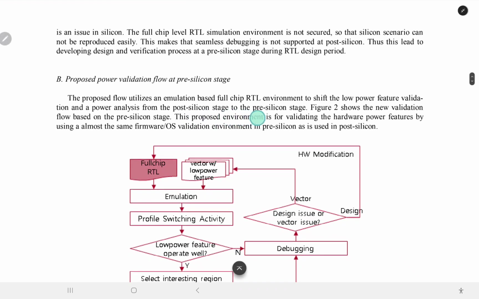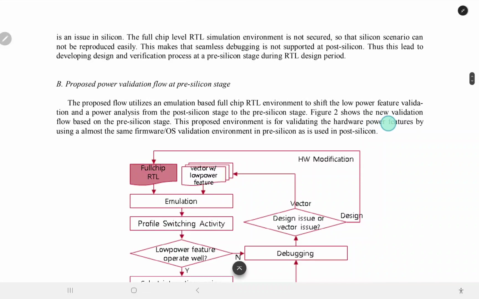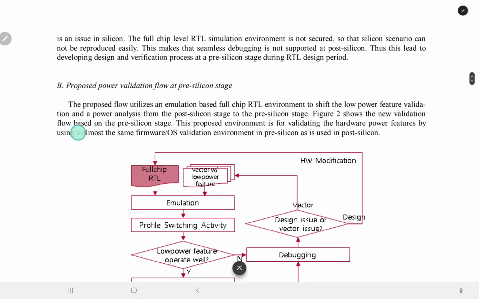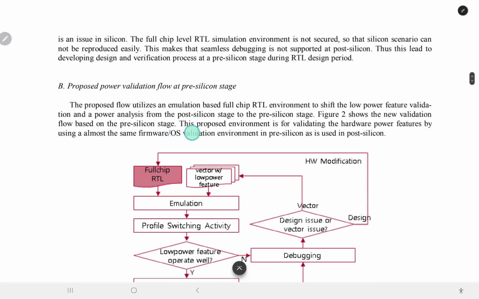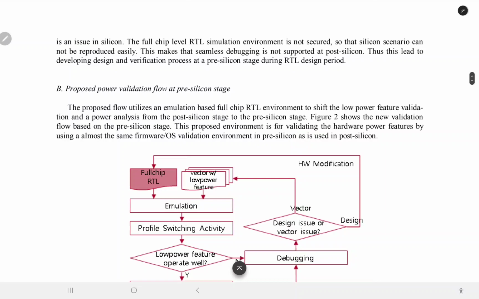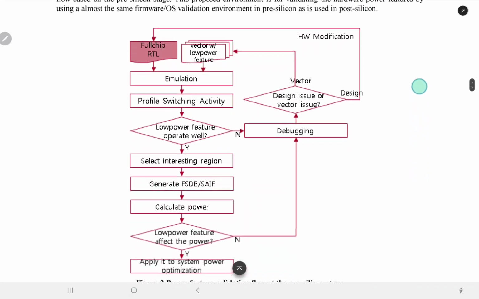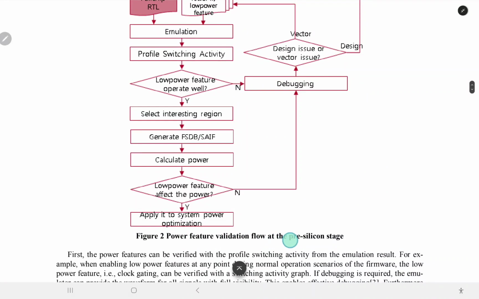This proposed validation is for validating the hardware power feature by using almost the same firmware and OS validation environment in pre-silicon as is used in silicon in post-silicon. Figure 2 is the power feature validation flow at the pre-silicon stage.